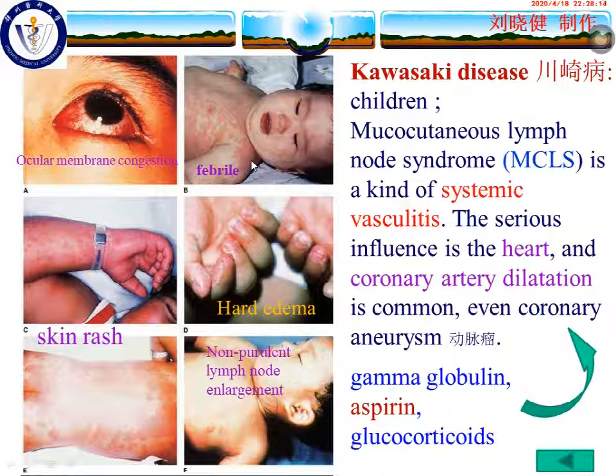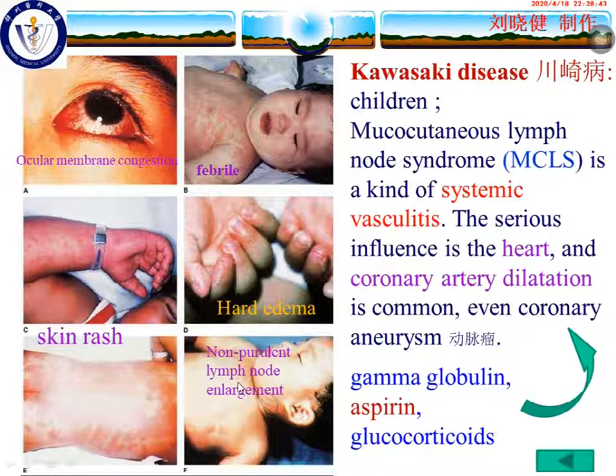And in the mouth, usually there is diffuse congestion in oral mucosa and strawberry-like tongue. Hands and feet have edema. And the children also have non-purulent lymph node enlargement.